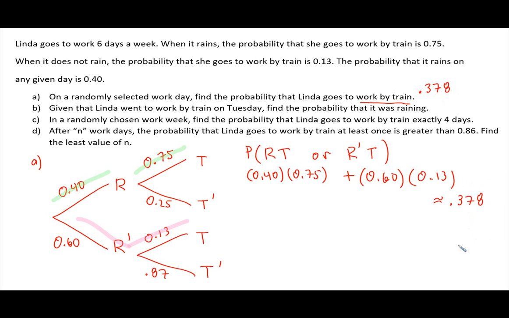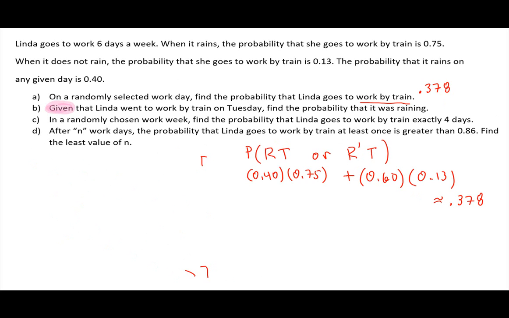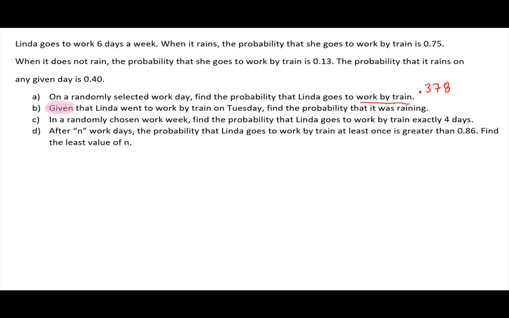Okay, let's take a look at part B. Given. As soon as you see the word given, that's a super hint that this is going to be a conditional probability. Let me erase this here so that I'll make room for part B. So part B now, given, right away we know it's a conditional probability, that Linda went to work by train on Tuesday.